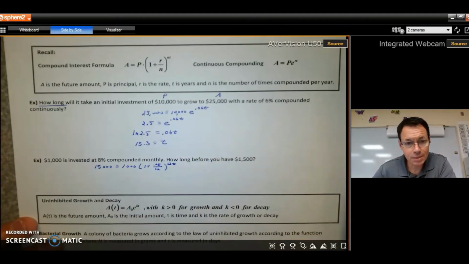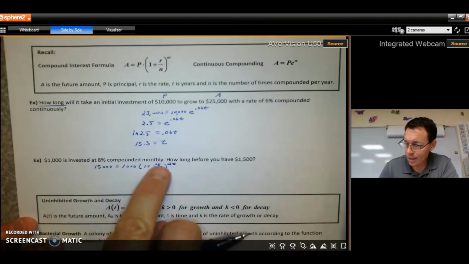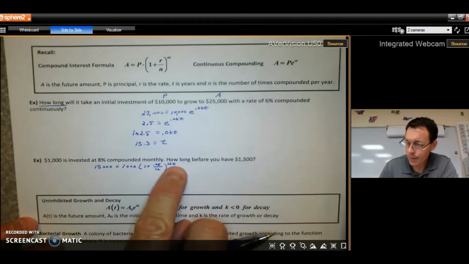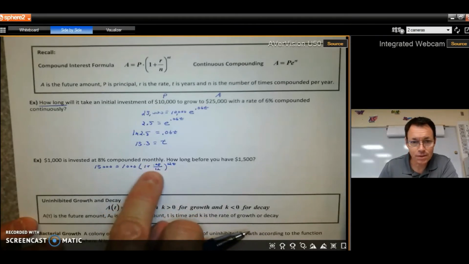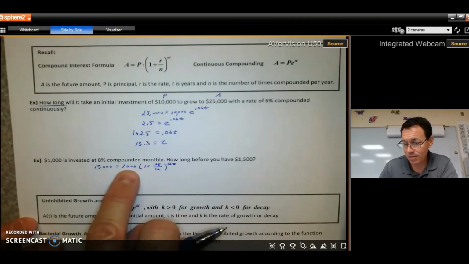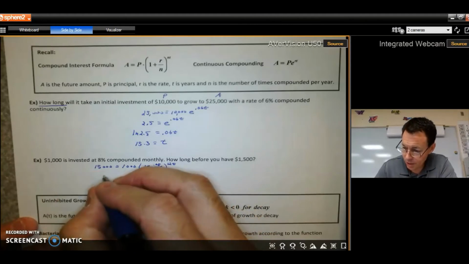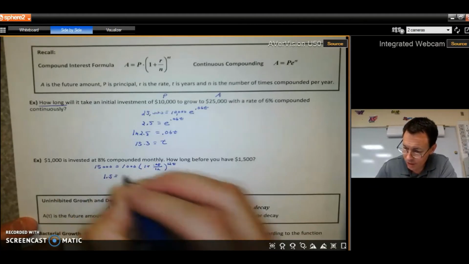Okay, so we need to simplify this. I'm going to do two things. First off, we've got a base to a power. I don't really know what that base is, so we need to figure out exactly what's going on in these parentheses. But we also need to get the base by itself, so I'm going to divide by 1,000. So that's going to be 1.5 equals.